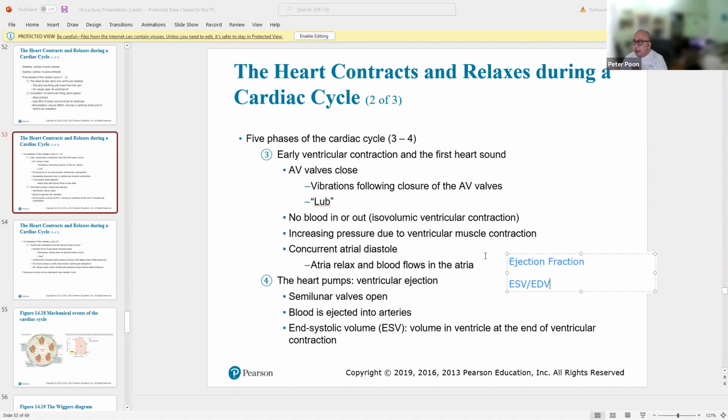Actually, let me find a better definition of ejection fraction. I'll find that later. All right, we'll end this right now.